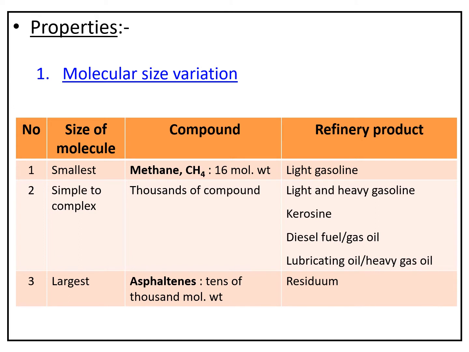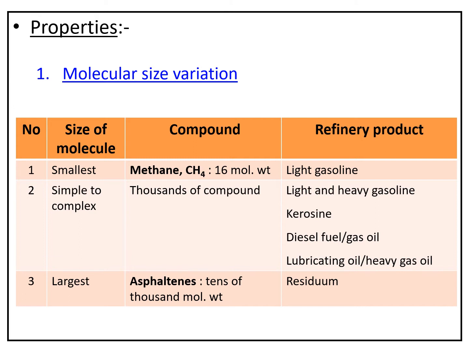This crude oil would later be separated by the distillation process in the refining tower, which will yield products from the smallest to the largest size of molecule and type. Alright, so we go first to the molecular size variations in petroleum.